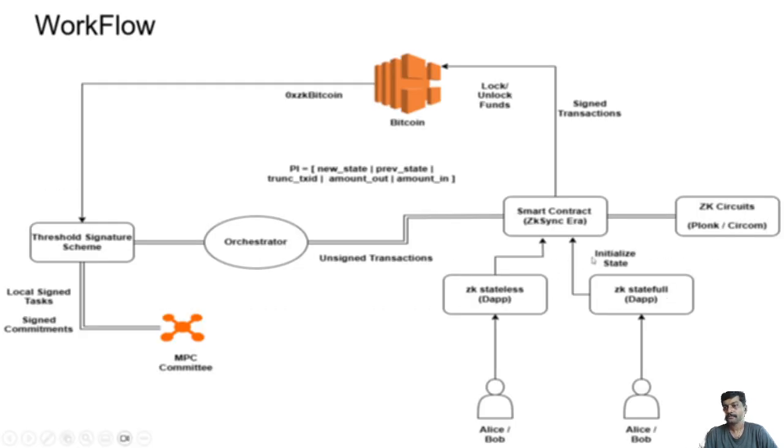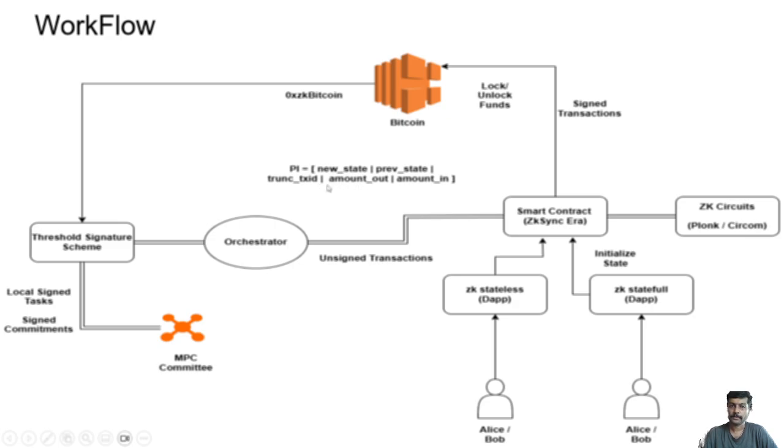So the dApps, the programming logic, are done through the smart contract, which is compatible with zkSync Era, and the proofs are generated, and the unsigned transactions are passed on to the MPC committee, where they verify the verifier key that's been generated, and also the other inputs like new state, previous state, truncated transaction, the transaction ID, the new amount and the old amount.